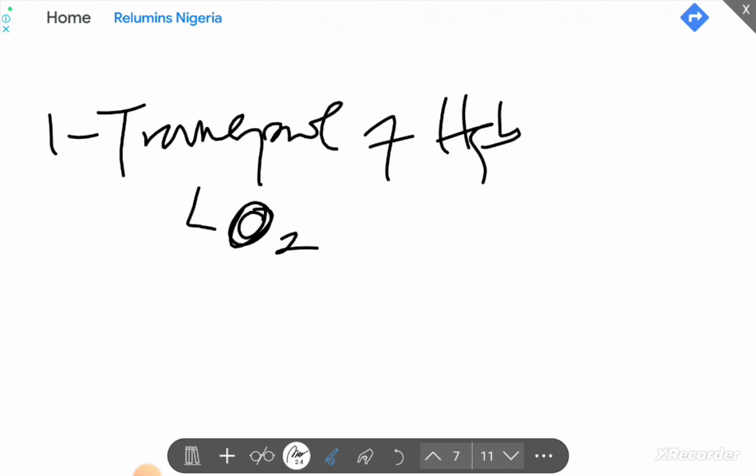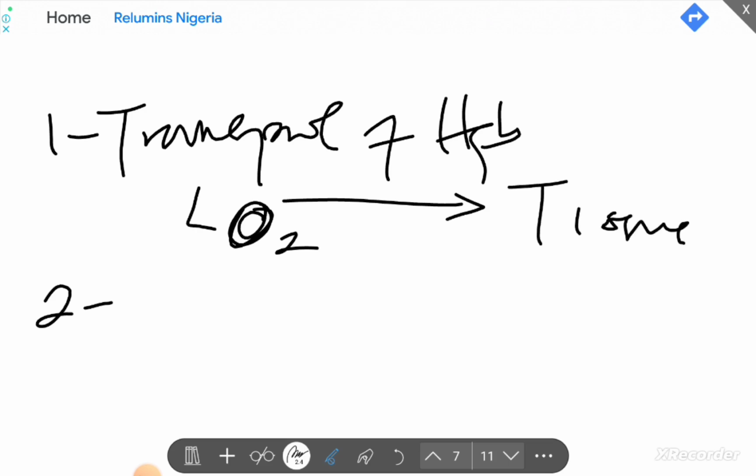Another function you need to know is that it transports oxygen to the tissue, so from the lung to the tissue, and also CO2 from the tissue to the lung.